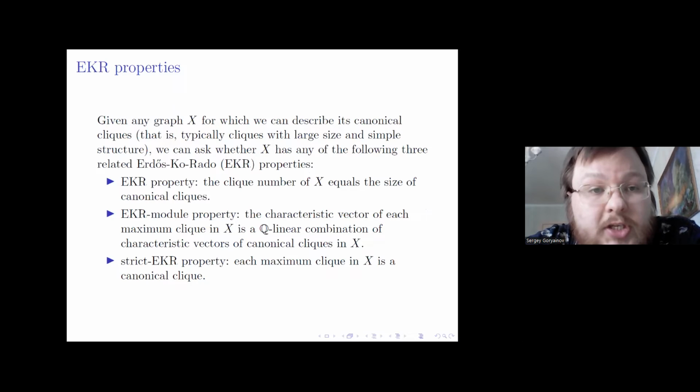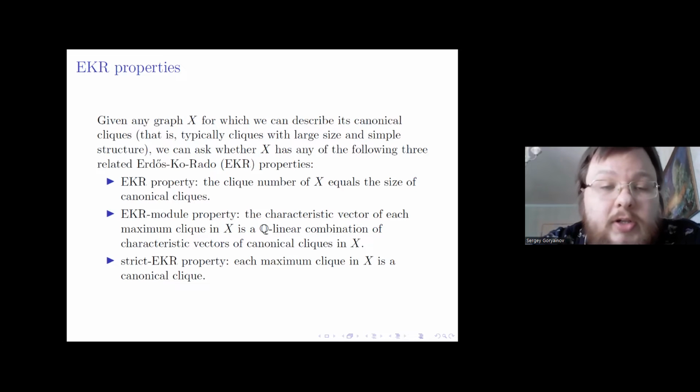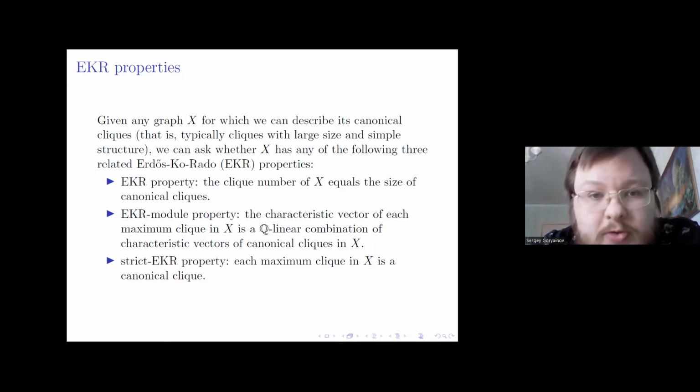The first one is just the EKR property, which means that the clique number of X equals the size of canonical cliques. The EKR module property means that the characteristic vector of each maximum clique in X is a Q-linear combination of characteristic vectors of canonical cliques in X. And the strict EKR property means that each maximum clique in X is a canonical clique.